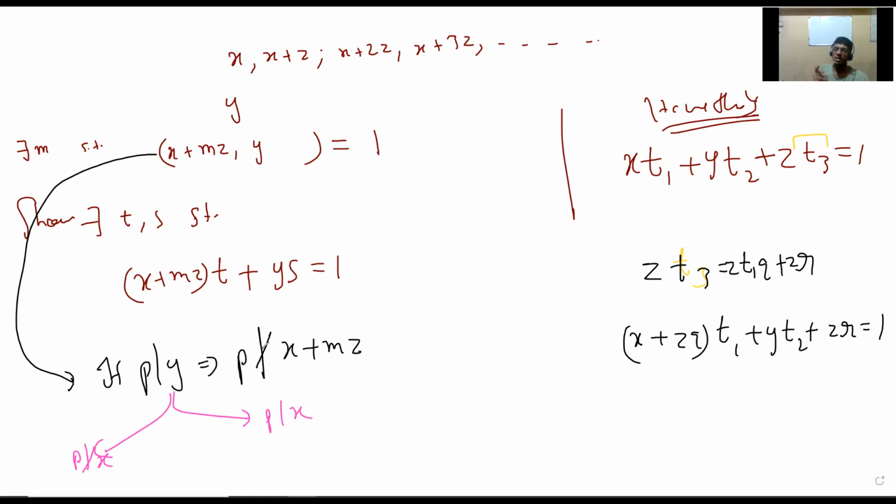Let's say that P divides Y and P divides X. How would you make sure that P doesn't divide X plus MZ? What kind of M would you need? Remember that this implies P does not divide Z, because X, Y, Z are co-prime. Now, how would you ensure that P does not divide X plus MZ?